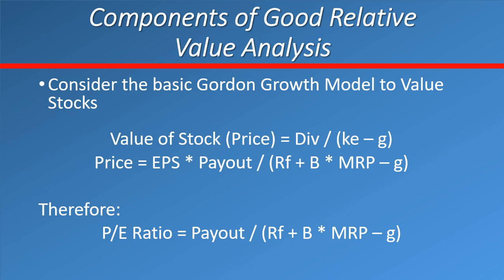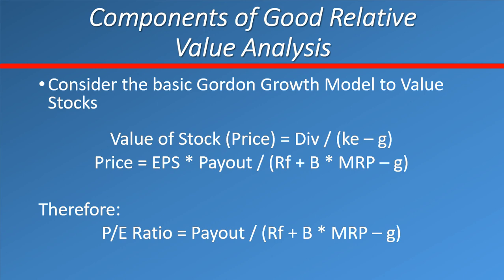We can break up the discount rate into the risk-free rate plus beta times the market risk premium using the capital asset pricing model. When we do that, we get price equals earnings per share times payout. Earnings per share times payout, that is the definition of a dividend. What percentage of the firm's earnings are they paying out as dividends? We divide that by the risk-free rate plus beta times the market risk premium minus growth.